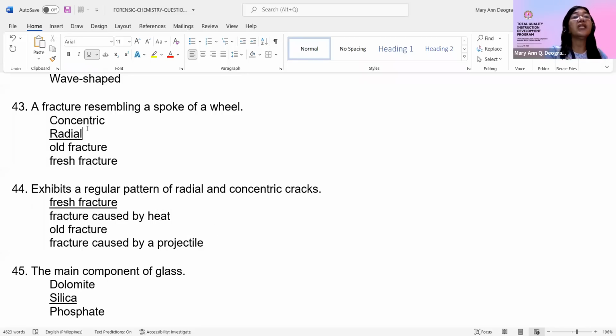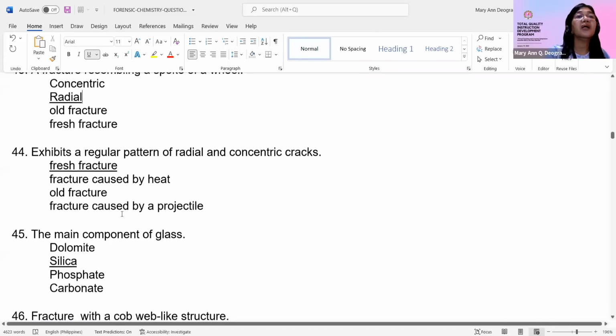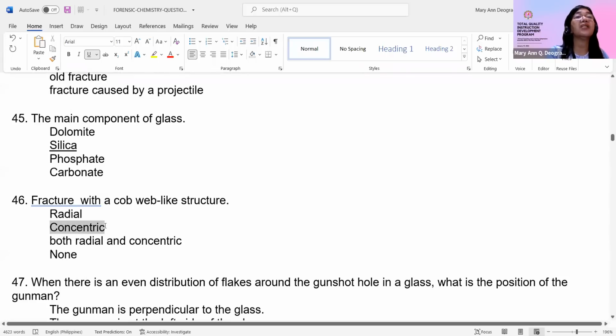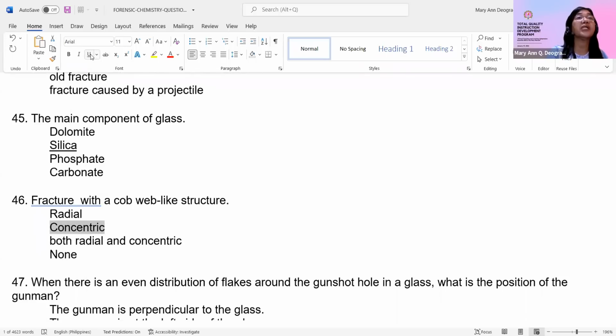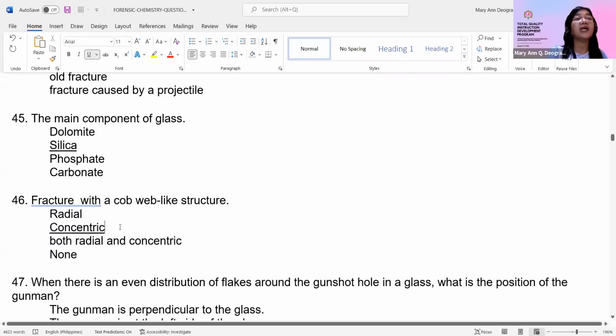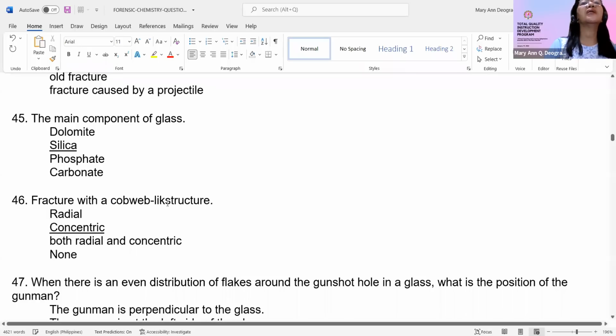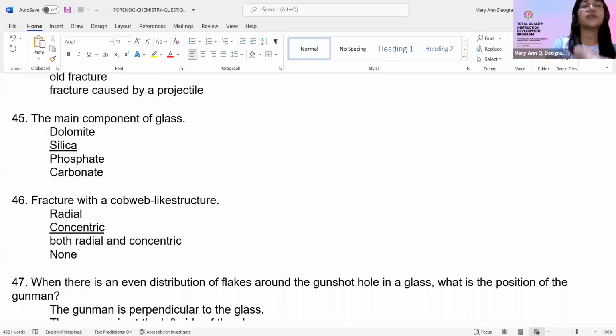So, we call that as the concentric naman. Okay, which is the secondary. So, ito yung huling fracture na nakikreate doon sa, what do you call this? Dito sa ating glass pane. Cobweb-like structure. Ayan.